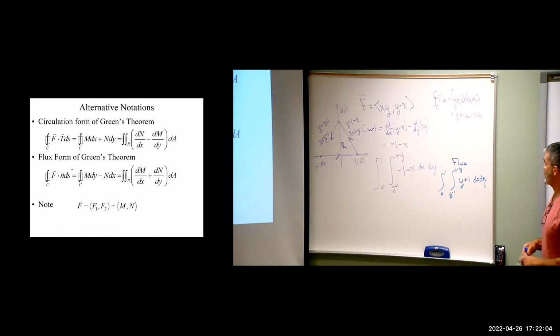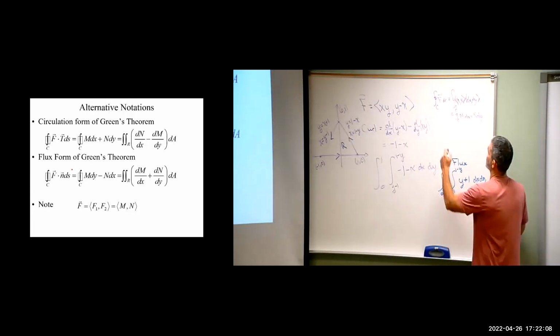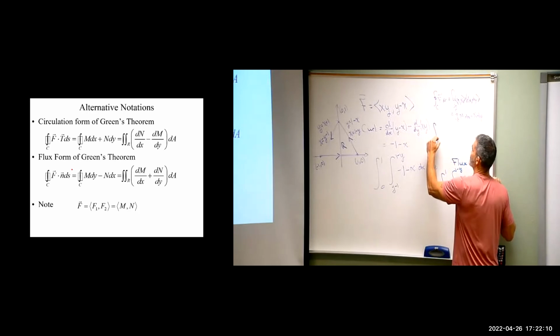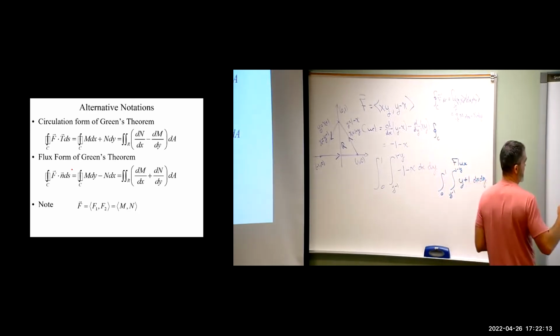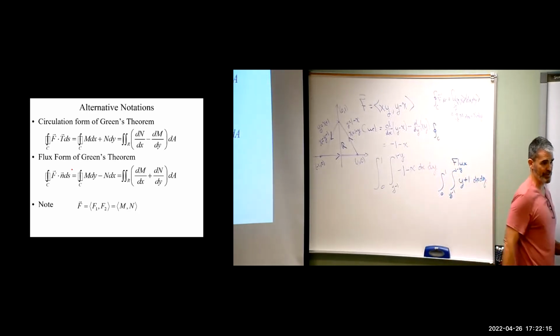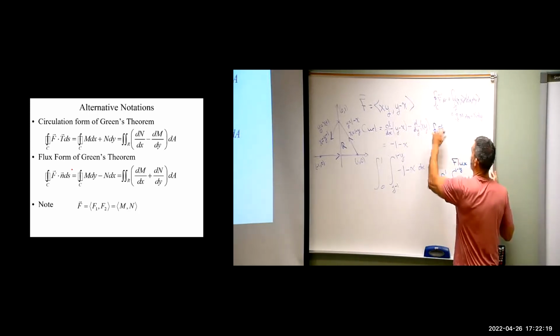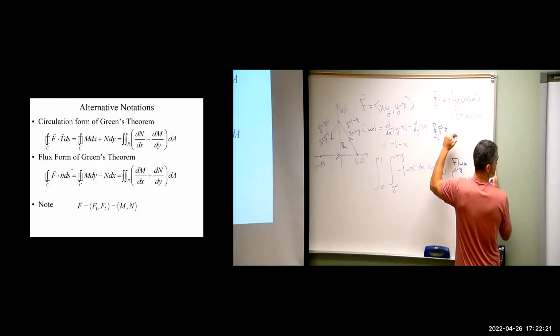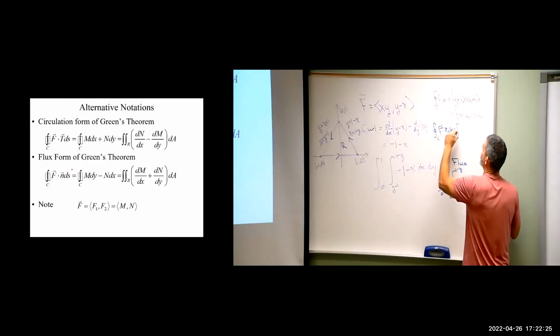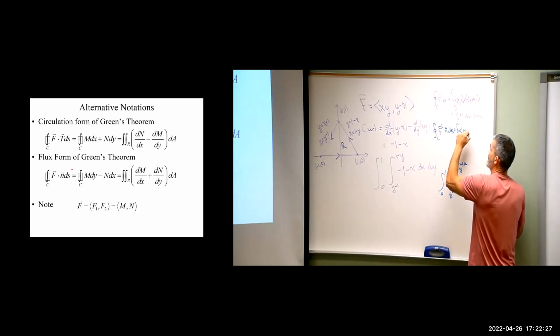All right, now for the flux, why is it that we get a minus in there? This is actually pretty cool. So now we're doing the vector field dotted with the normal vector. So F dot the normal. So when we're doing this, we're doing M, N again.